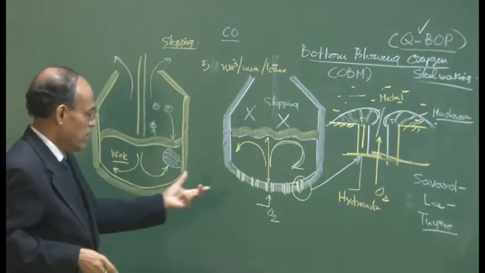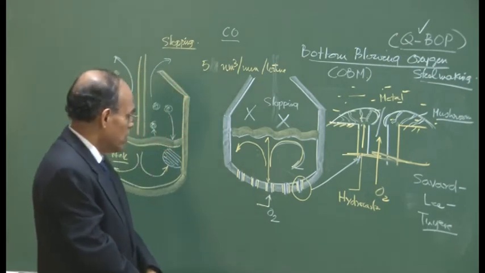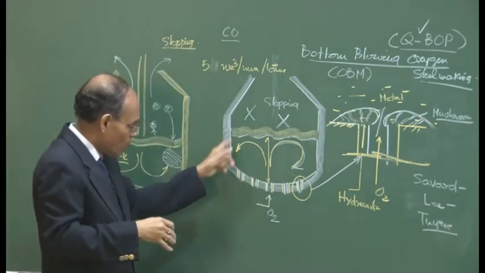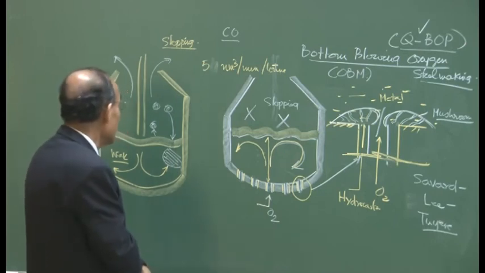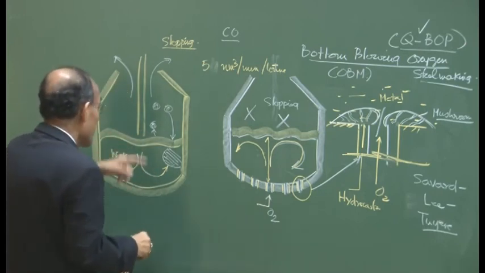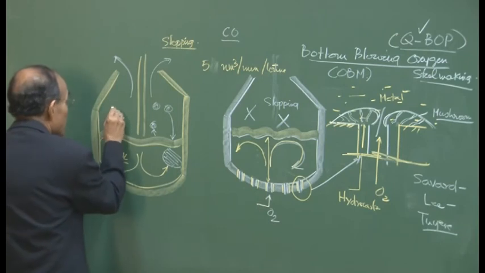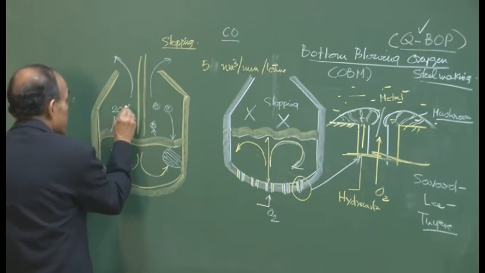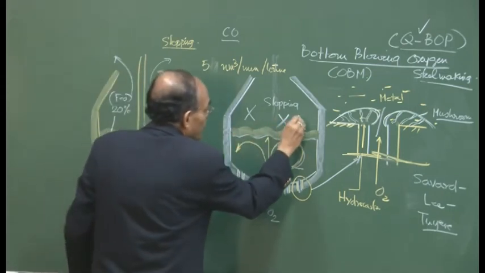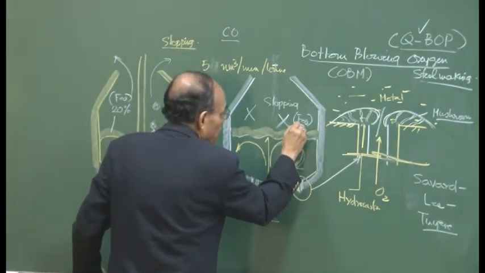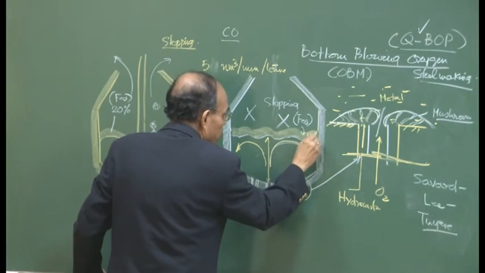Now, we know that it is quite a good system, it operates close to equilibrium. For example, here under the same condition, the FeO content of the slag could be about 20%. On the other hand, the FeO content of the slag here could be about just 10%.